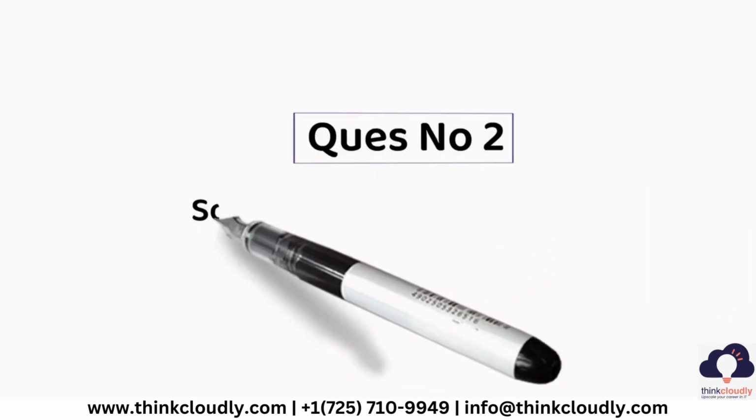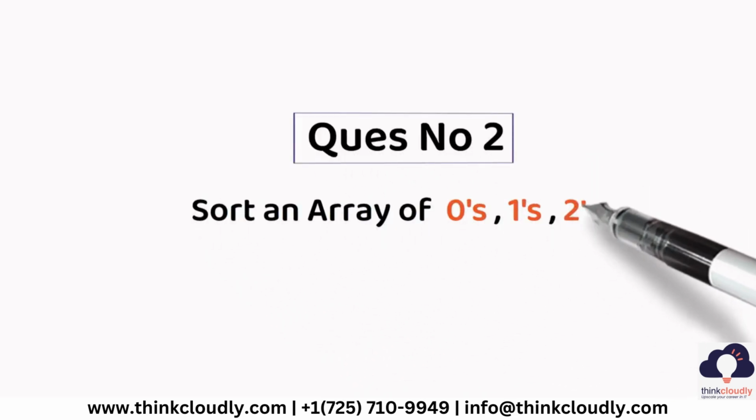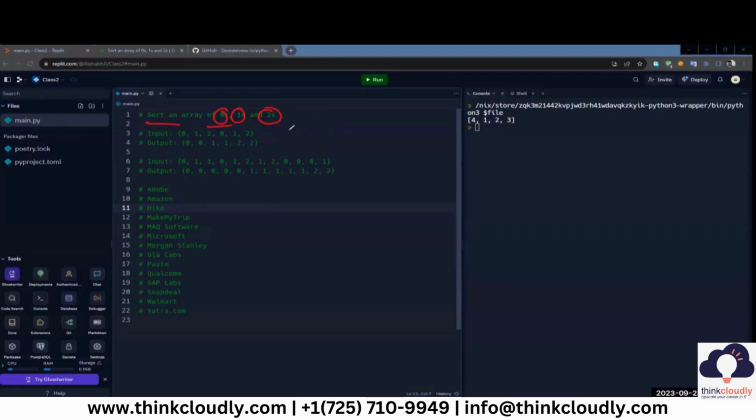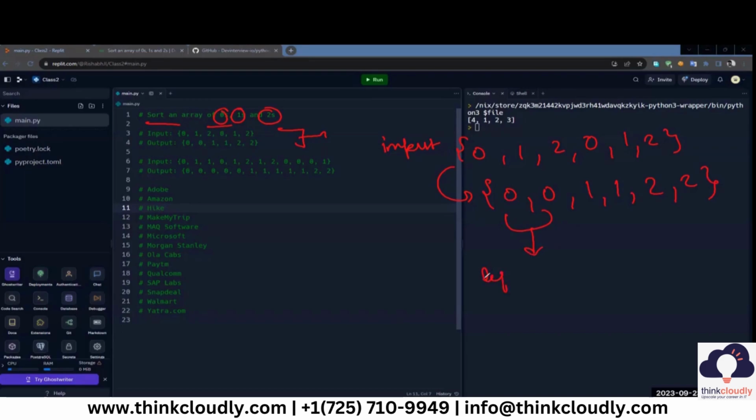Again, we have a new question, that is sort an array of zeros, ones, twos, right? Now guys, we have to sort the array. For example, if you got the input like this, 0, 1, 2, 0, 1, 2, then you have to sort it like 0, 0, 1, 1, 2, 2, which means zeros will be on the left and twos will be on the right, and in between we have our 1s.